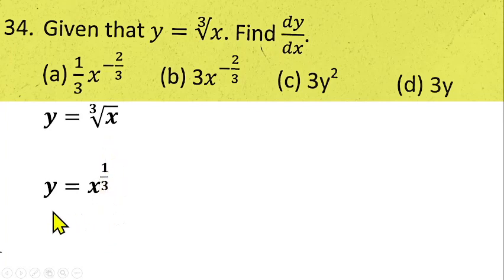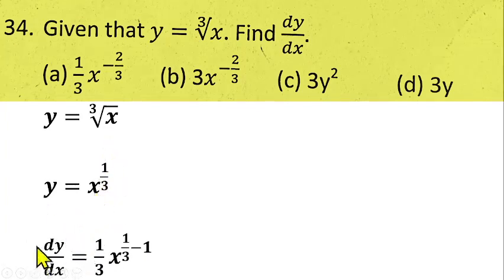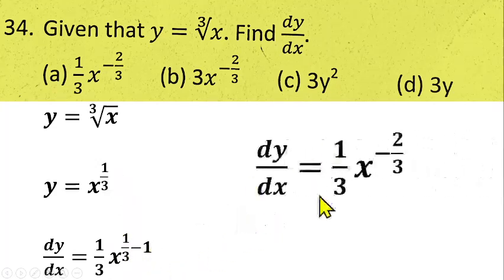From there, if I now differentiate y with respect to x, you have dy/dx equal to, the power will come down, you have 1 over 3, then x, then remove 1 from the power. You have 1 over 3 minus 1. Simplify that further by finding the LCM, we have 1 over 3 times x raised to power minus 2 over 3. So that is option A for question number 34.